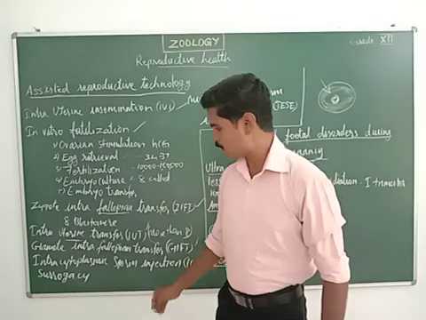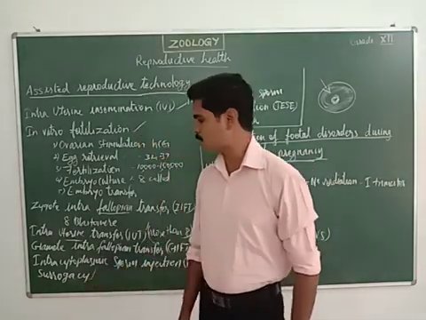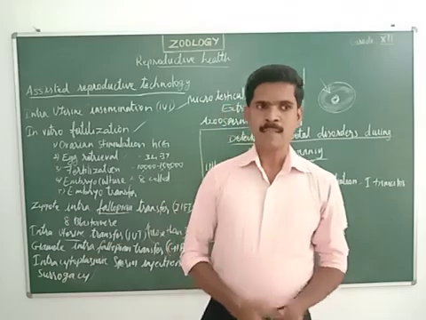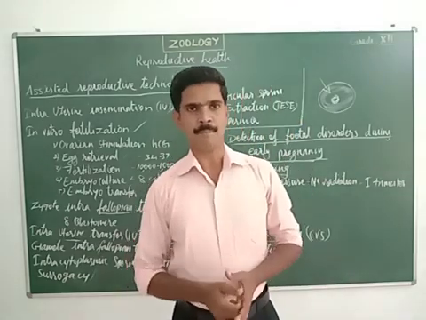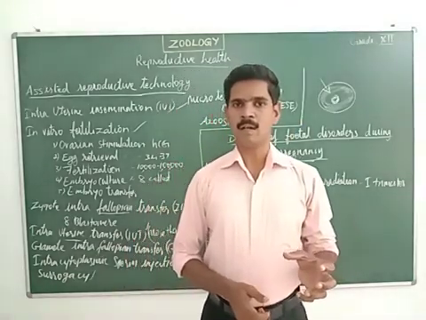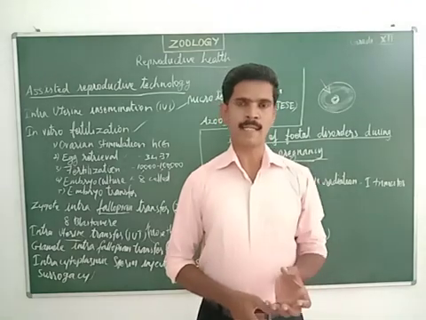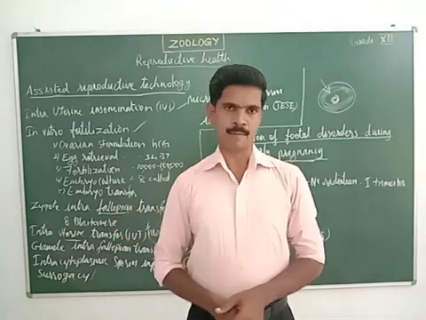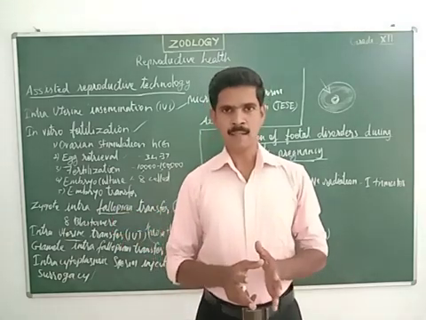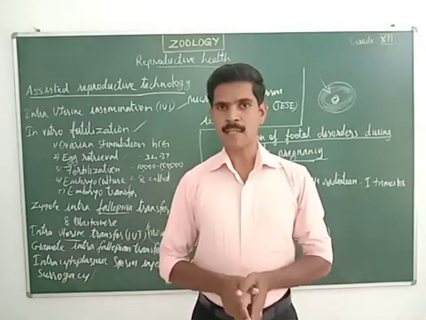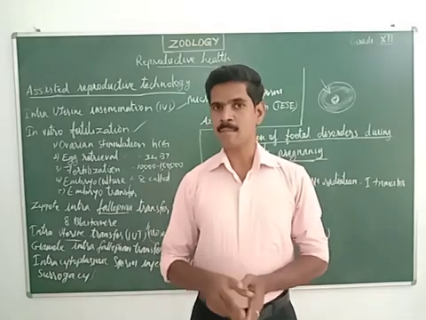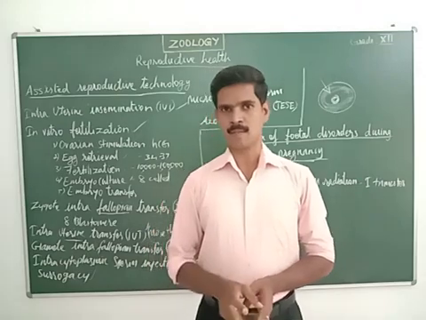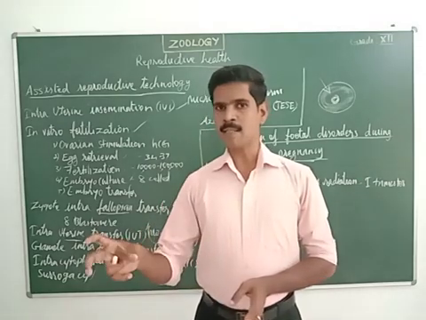Okay. Now we are going to study one important 3-mark question, surrogacy. Surrogacy means some women agree to carry the pregnancy for another female. A female who is ready to carry the pregnancy for another female is called a surrogate.